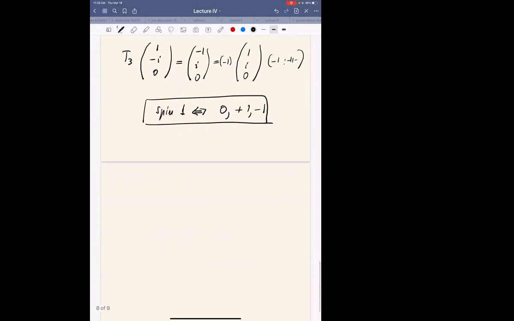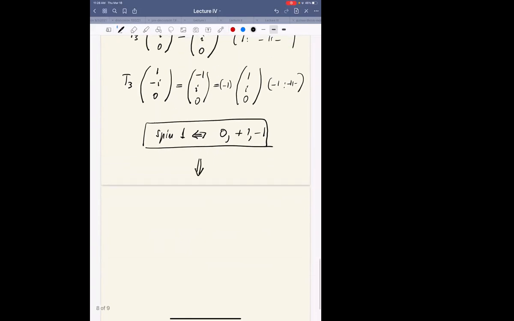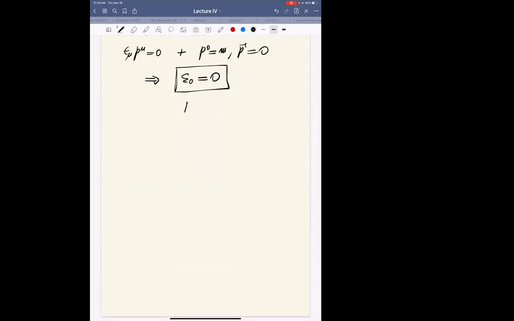In other words, my polarization tensors are, remember that epsilon mu, p mu is 0, and we are at rest. So that means that p0 is m. Being at rest implies epsilon 0 is 0. So I know my polarization tensors.